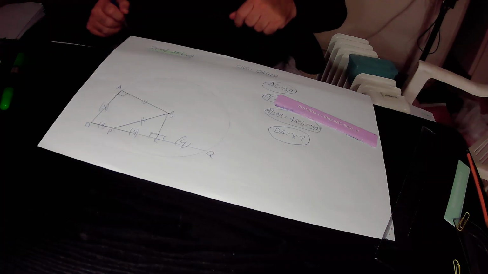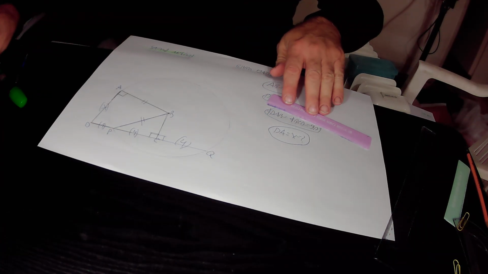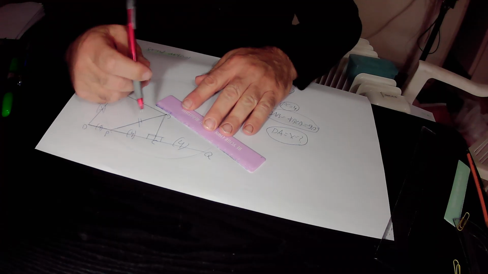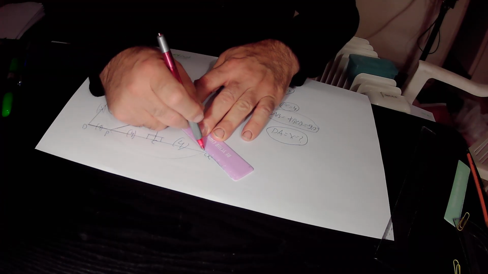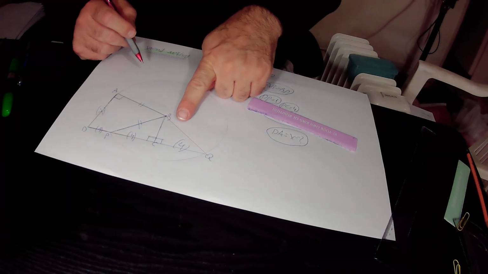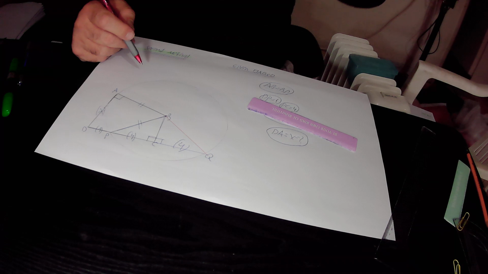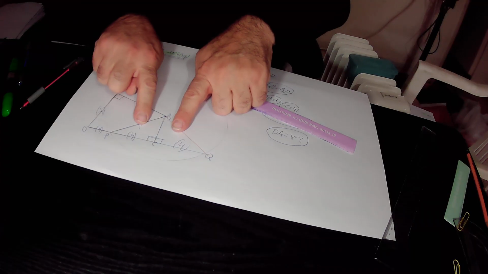In the next step, we will join points B and Q together by a straight line. By joining points B and Q, we get the right triangle BCQ. So in the next step, we will prove that those two right triangles can go into each other according to the side angle side rule.